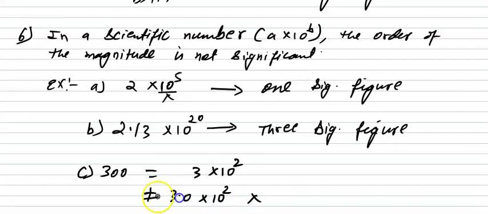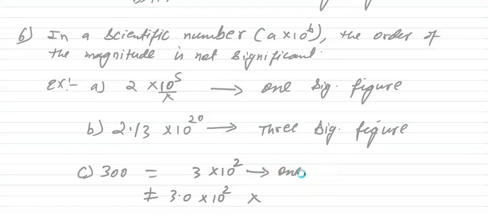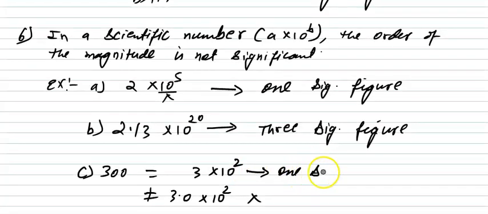So you should not add the point over here. 300 has only one significant digit.